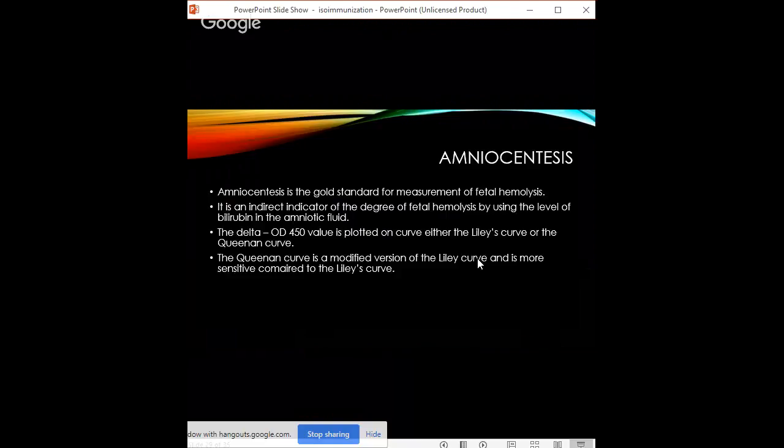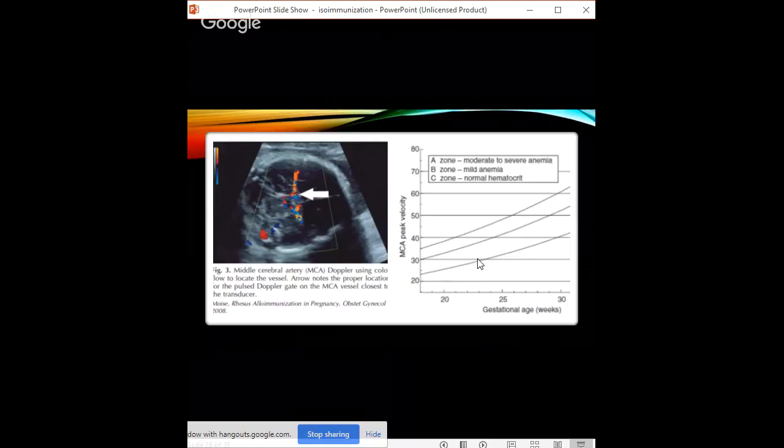Okay, so I just want to speak a bit more on that. Yes, you're right to say that red blood cells impart some sort of viscosity, some thickness, to the blood so it doesn't flow as fast. Here we have our middle cerebral artery Doppler, part of the circle of Willis.